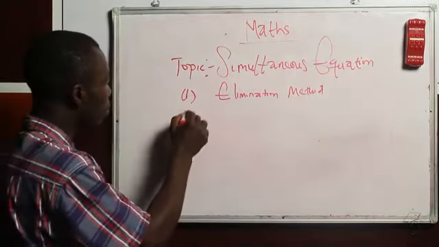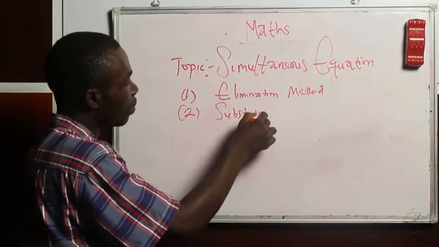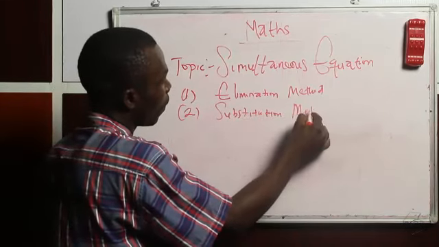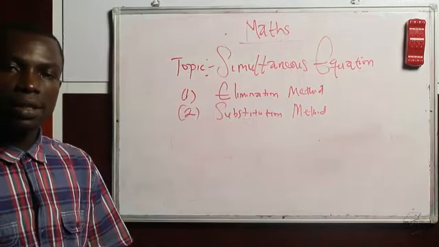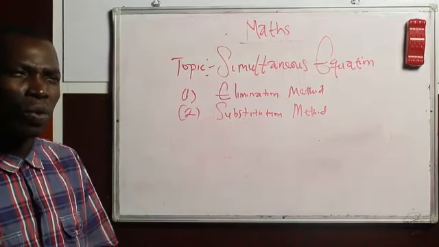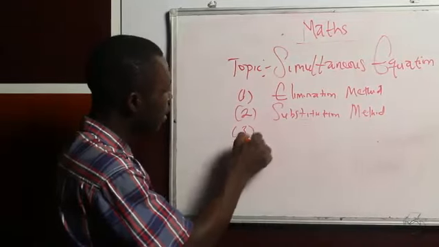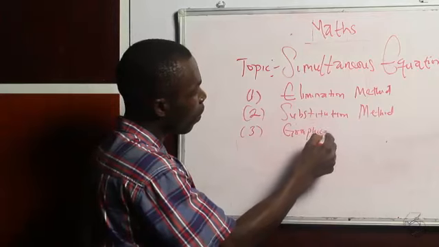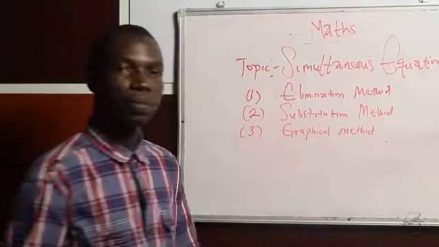Two, the substitution method. Then the third method that we can use to solve a simultaneous linear equation is the graphical method.